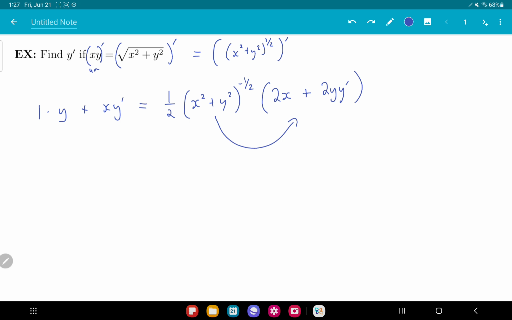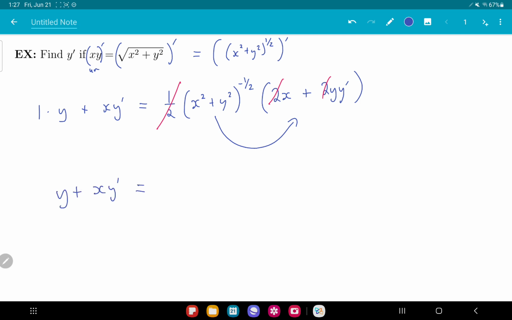Okay. Now what do I do? Well, I have to expand out this right-hand side so as to be able to collect my y prime terms. First thing I'll do is notice, quite cleverly, I might add, that this cancels with these 2's here. And then I can expand out the right-hand side, clean up the left-hand side.